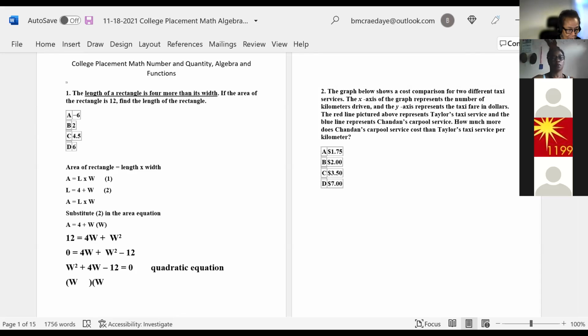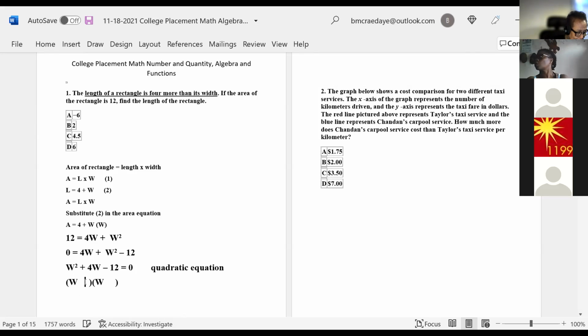What two numbers multiply to give me a negative 12, and those same two numbers add to give me a plus 4?